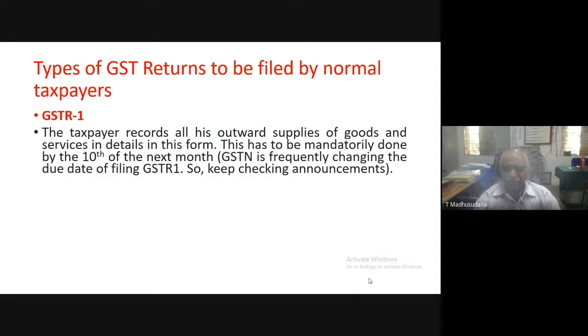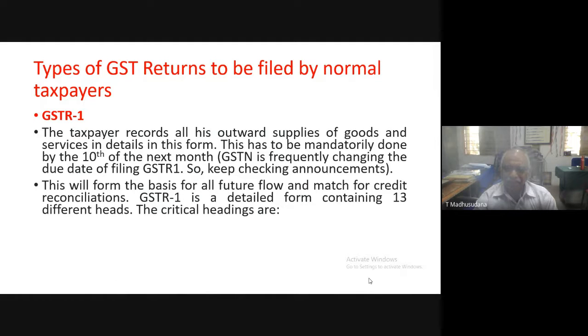GSTN frequently changes the due date of filing GSTR1. So keep checking announcements. Keeping in view different circumstances, the GSTN, that means GST Network, will change the due date, but the common date is the 10th of the next month. Next, this will form the basis for all future flow and match for credit reconciliations.